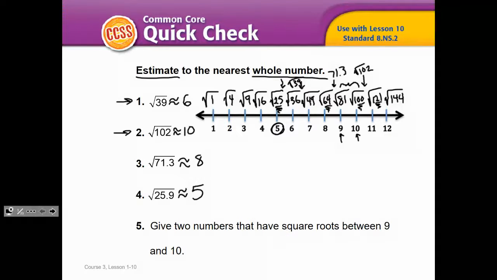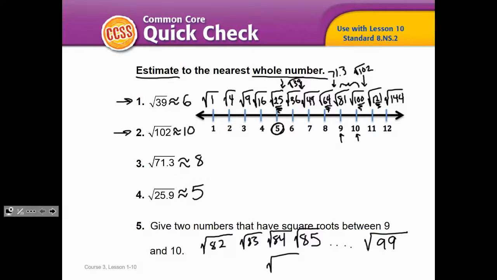For instance, the square root of 82, or the square root of 83, or the square root of 84, and I think you get the point, all the way up to the square root of 99. Those are all possibilities.